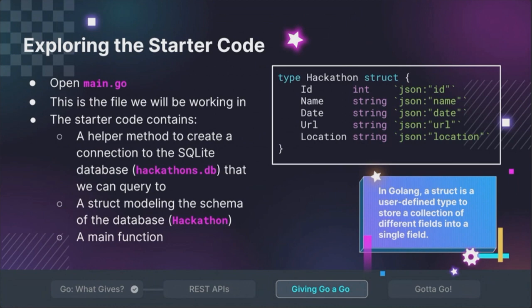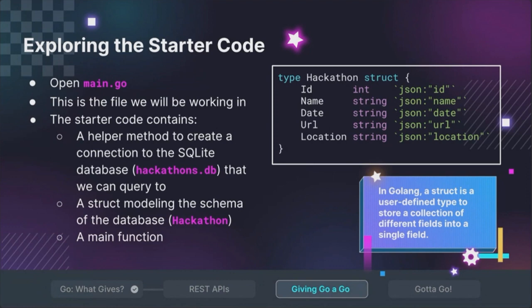And then we also have a struct, which you can see in the right corner, and it's called Hackathon. And this is what the schema of our database looks like. You can see we have an ID, we have the name of the hackathon, we have the date, the URL, and the location, and all of these things except for the ID are strings, which makes things quite simple.